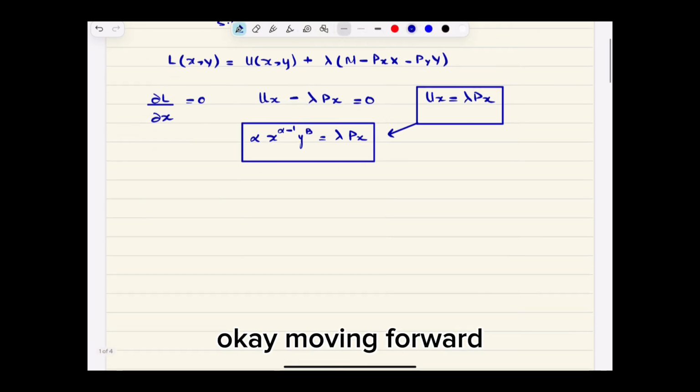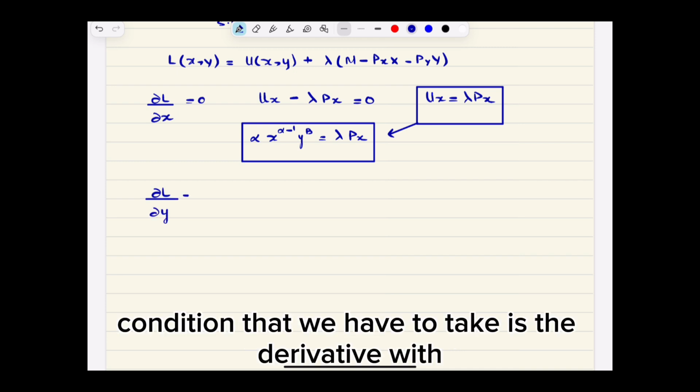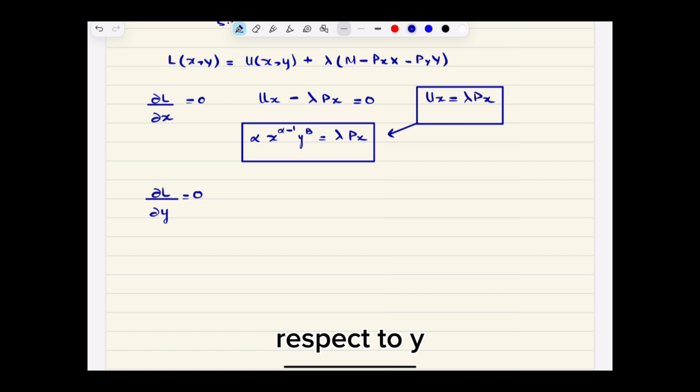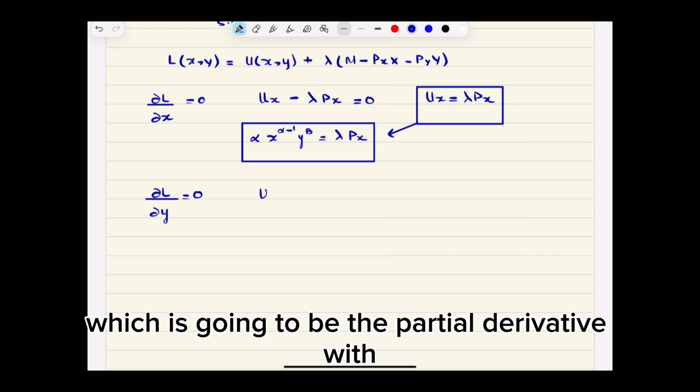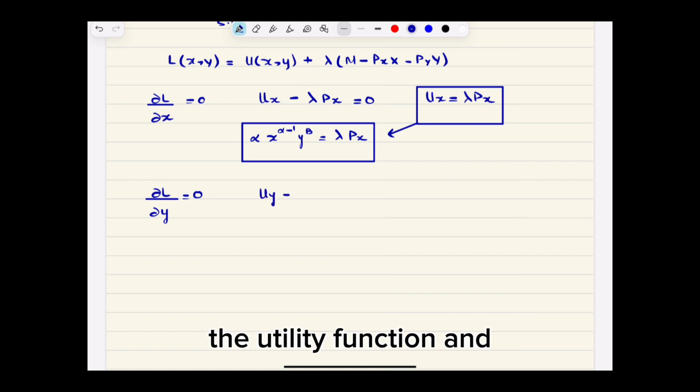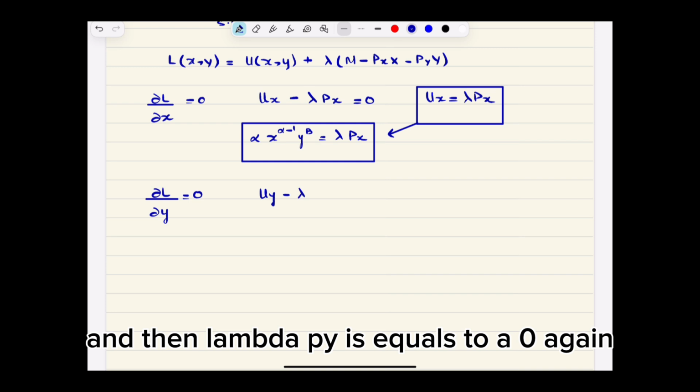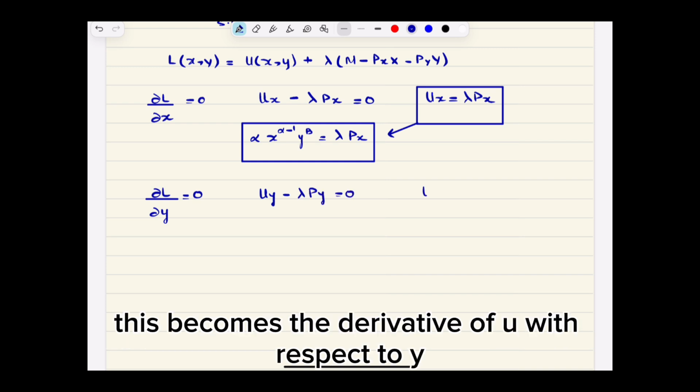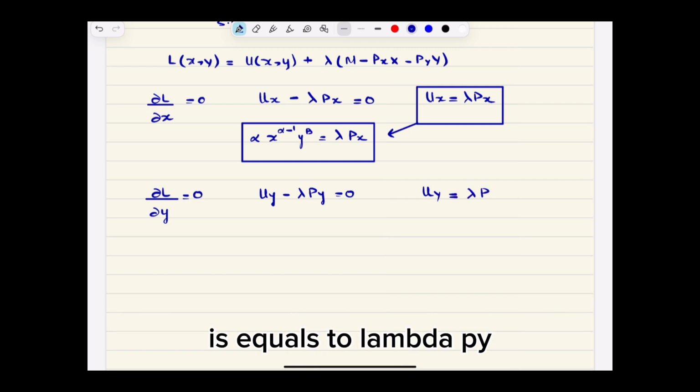Okay, moving forward, the second first order condition that we have to take is the derivative with respect to y, which is going to be the partial derivative with respect to y of the utility function, minus lambda py, is equal to 0. Again, this becomes the derivative of u with respect to y is equal to lambda py.